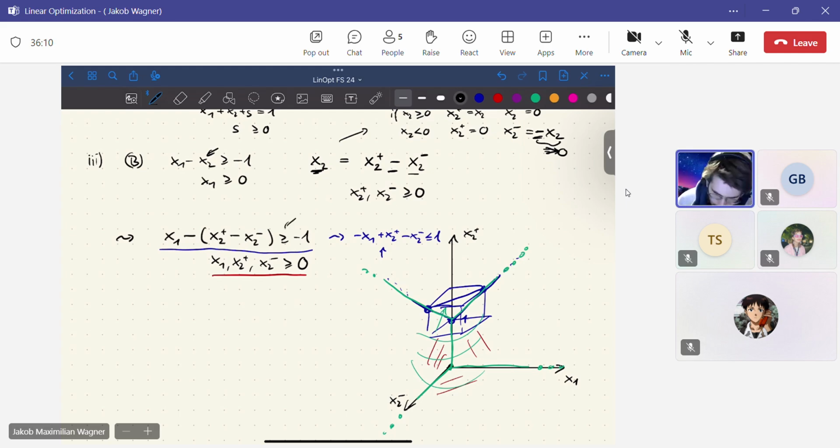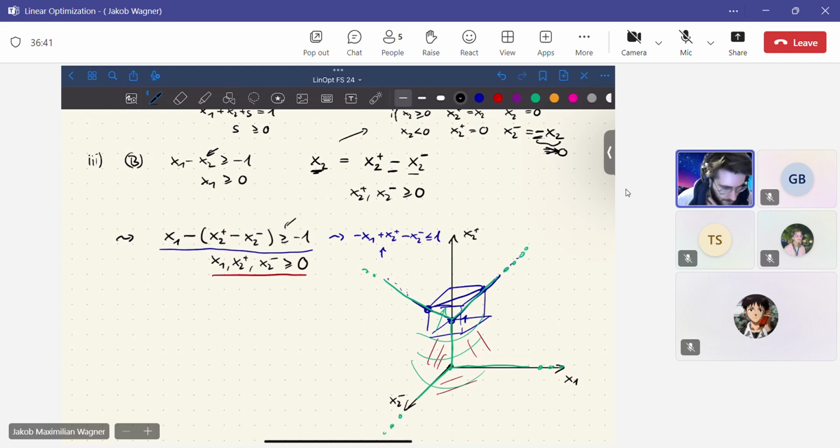And we still have this inequality constraint here, but we have seen before that we can also write this inequality constraint as an equality constraint by introducing one more non-negative variable. So this tells us that we can reduce all types of inequalities to this combination of equality constraints of the general form and sign constraints for the individual variables.